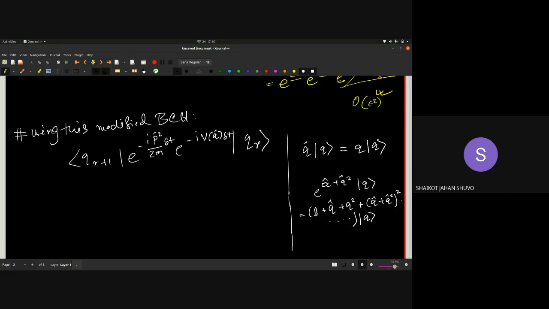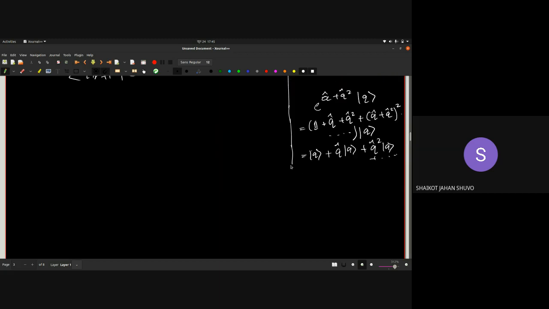So identity just leaves it unchanged. So this is like q, and then you have this q hat acting on q, q squared hat acting on q. So what you have is something like, again, q, q of q. Again, these are scalars now through the eigenvalue equation. So q squared of q and so on.